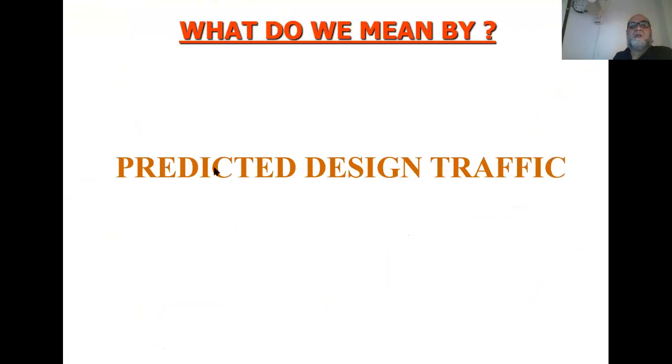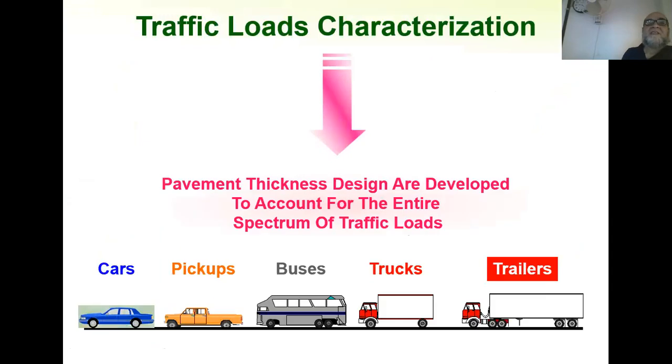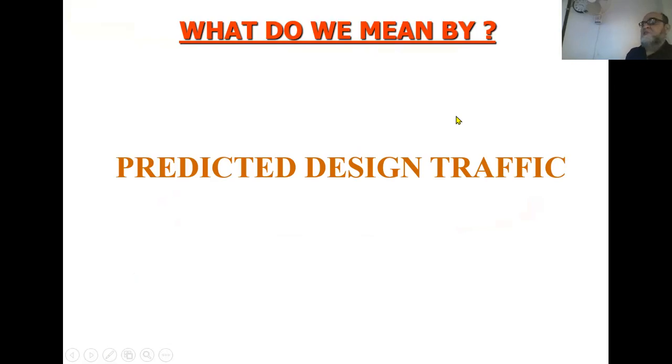Then what do we say about the predicted design traffic? It is the traffic characterized. Now, let's go back once again to that predicted traffic line. You know what the traffic is at present, and then you have to use some parameters like growth rate and projection factors, and then you come up with this value.